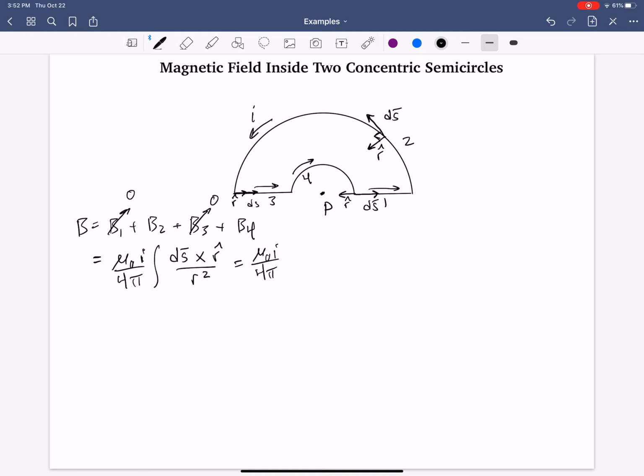So the cross product is easy. We just have ds times the magnitude of 1 times sine of 90, also 1, over r squared, right? And actually, what's r squared? Well, the lowercase r is the distance from the wire segment to the point in question, right? So it's the actual distance. In this case, I haven't specified it, but we'll call it r2. And while I'm at it, let's specify the inner distance of r1.